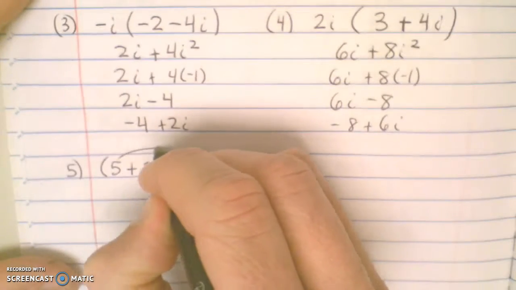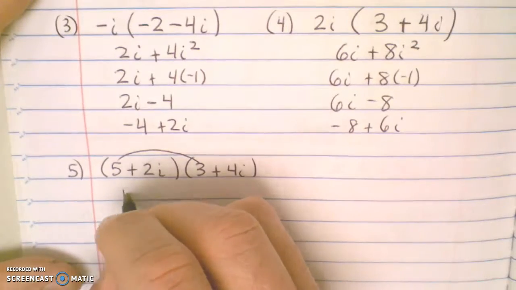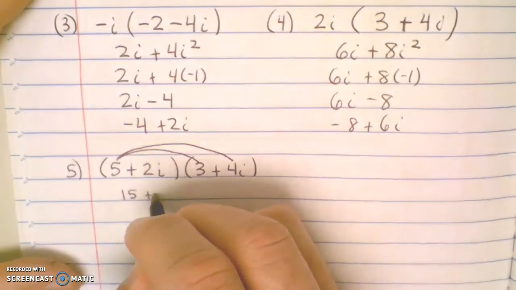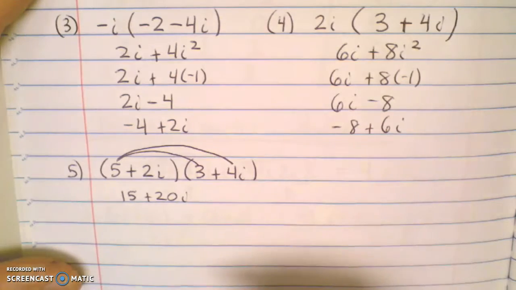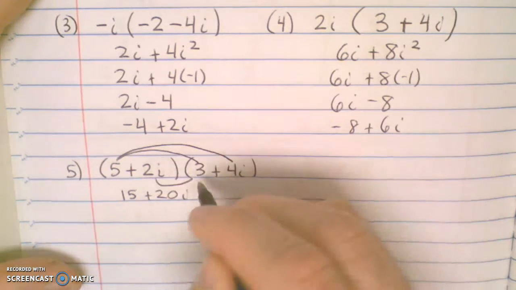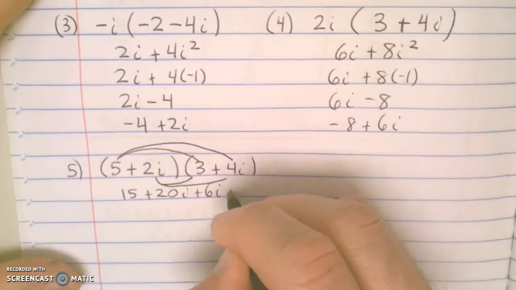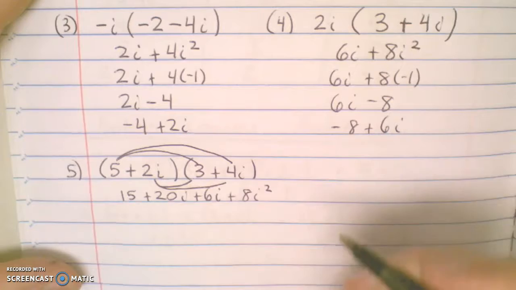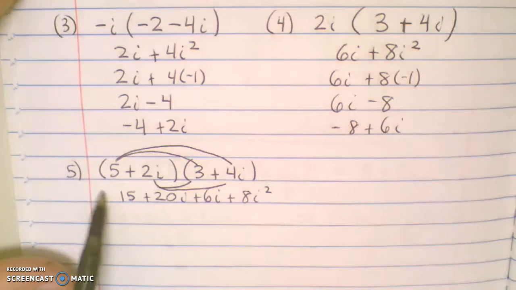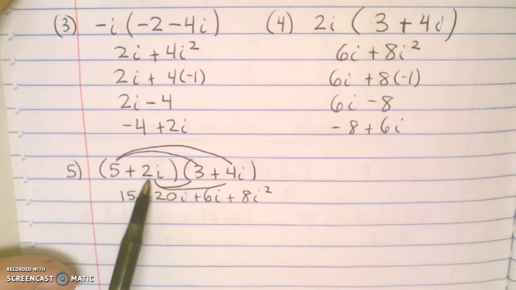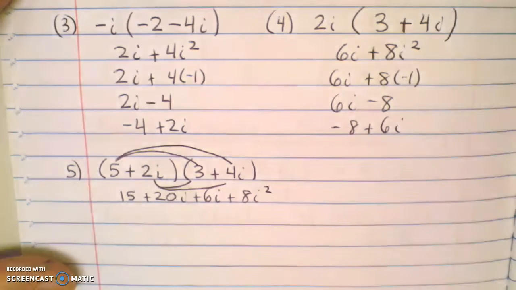So I'm doing 5 times 3, which is 15. And then 5 times 4i, which is 20i. 2i times 3 is 6i. 2i times 4i is 8i squared. But here there's an extra step.